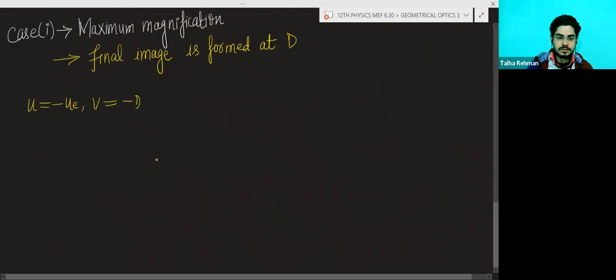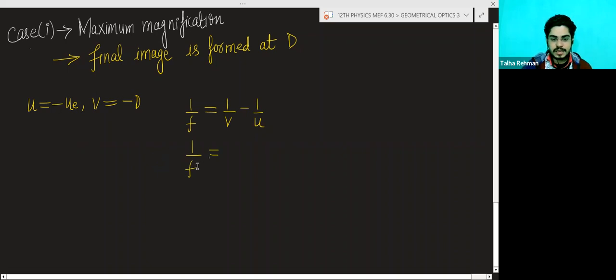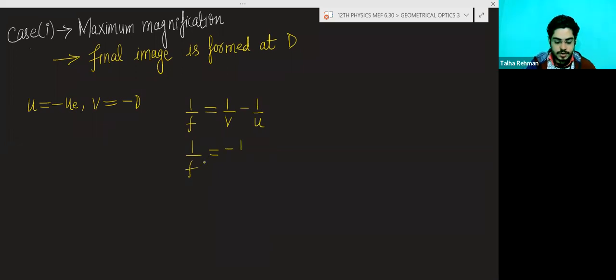Now you can apply the formula. 1 upon F is equal to 1 upon V minus 1 upon U. V you have, U you have, so you can calculate F. So you can write minus 1 upon D minus 1 upon minus of UE is equal to minus 1 by D plus 1 upon UE.